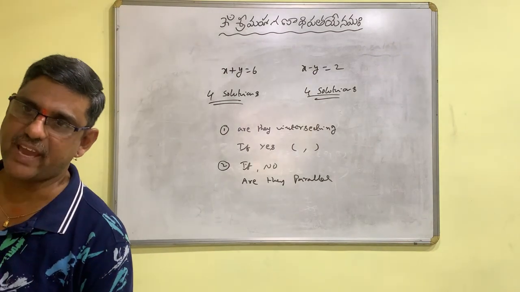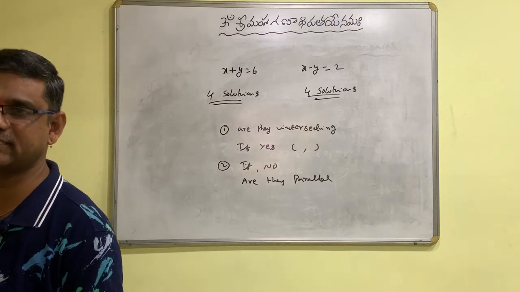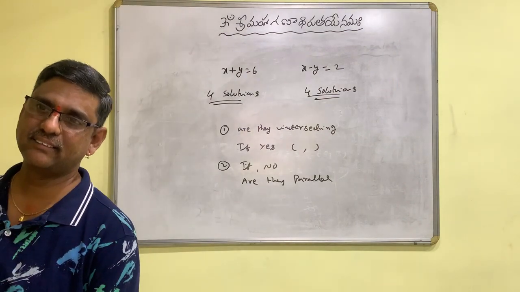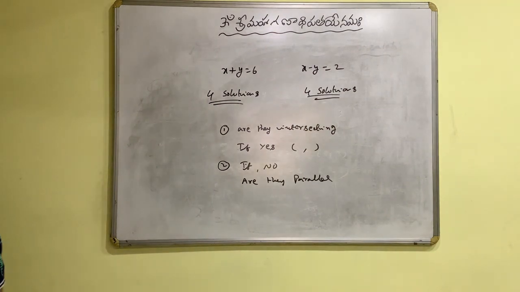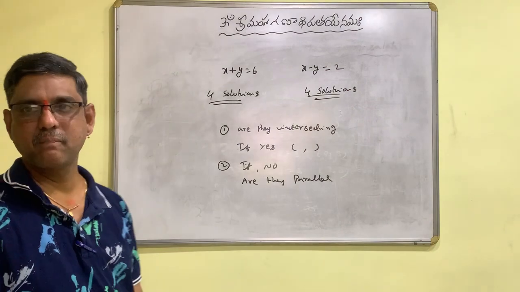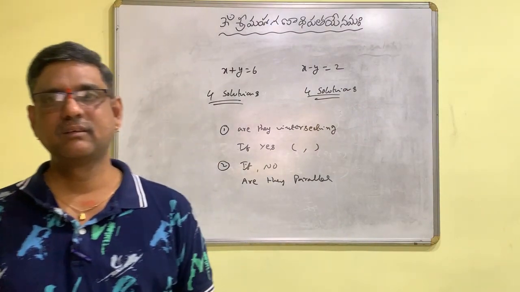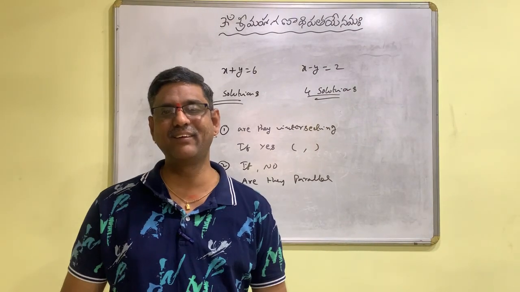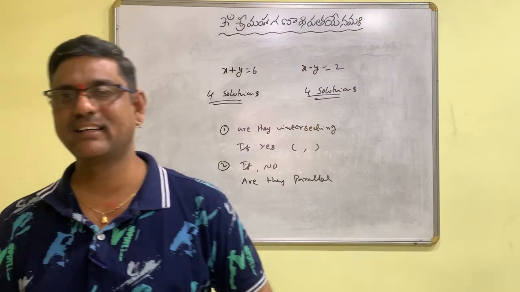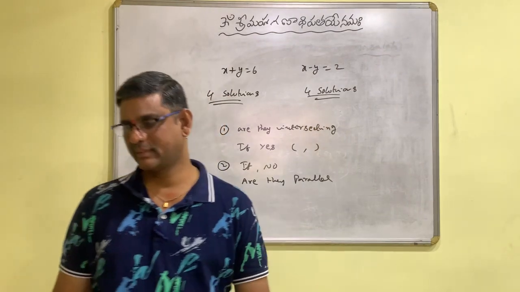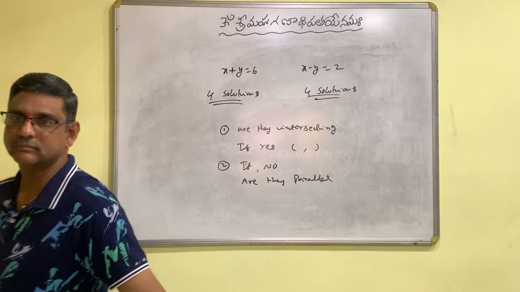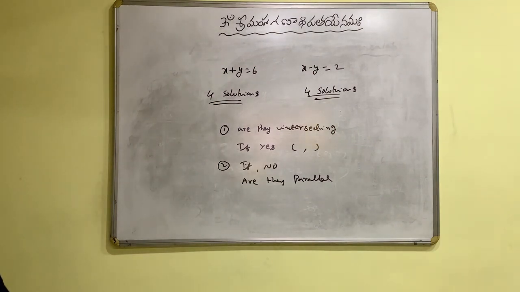Oh, Surjay, super fast. 4 comma 2 is where they intersect. Surjay, graph done? Very good, Surjay. Very good.